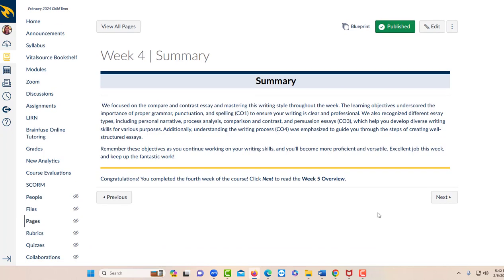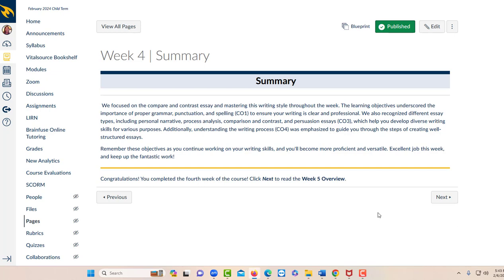Week 4 summary. We focused on the compare and contrast essay, mastering this writing style throughout the week. The learning outcomes underscored the importance of proper grammar, punctuation, and spelling to ensure your writing is clear and professional. We also recognized different essay types, including personal narrative, process analysis, compare and contrast, and persuasive essays, which help you develop diverse writing skills for various purposes.